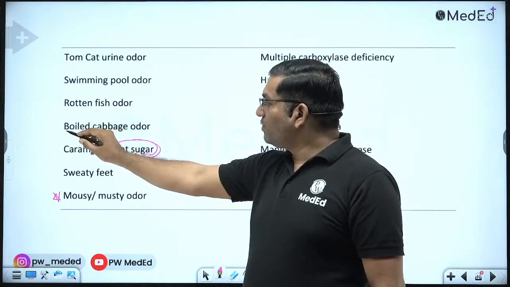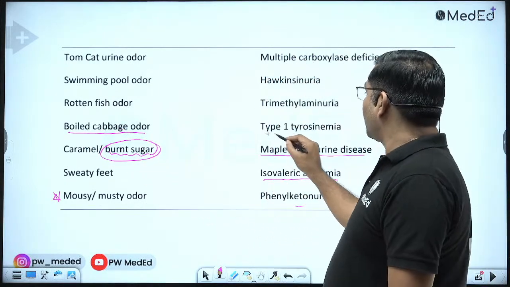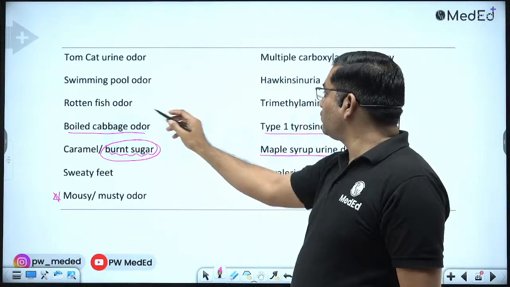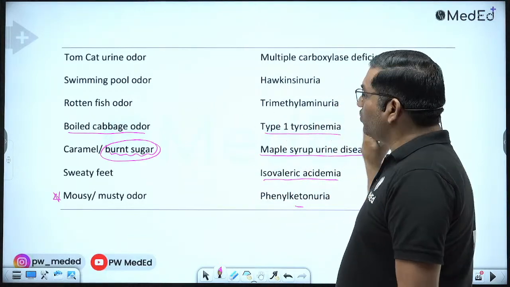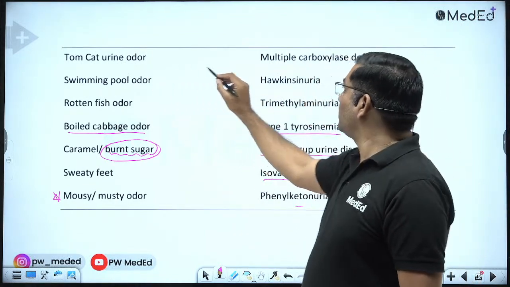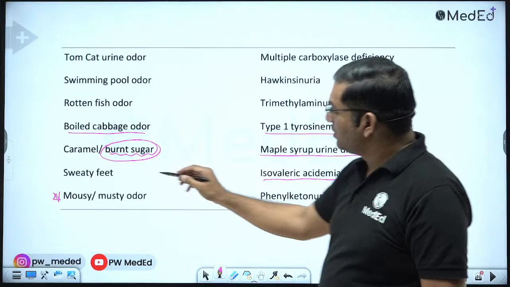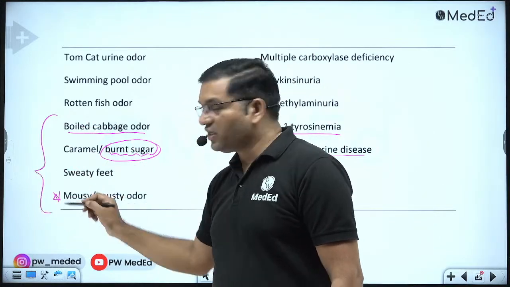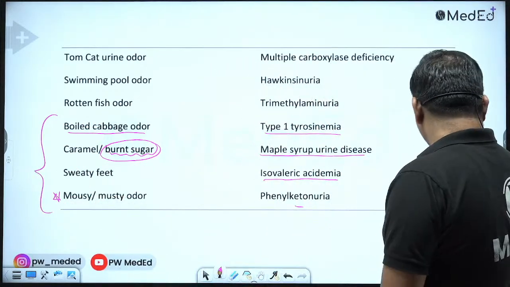The boiled cabbage odor is in tyrosinemia, that is type 1 tyrosinemia. The rotten fish odor is in trimethylaminuria, swimming pool odor in Hawkinsinuria, and tomcat urine odor in multiple carboxylase deficiency. These four are very, very important to remember.